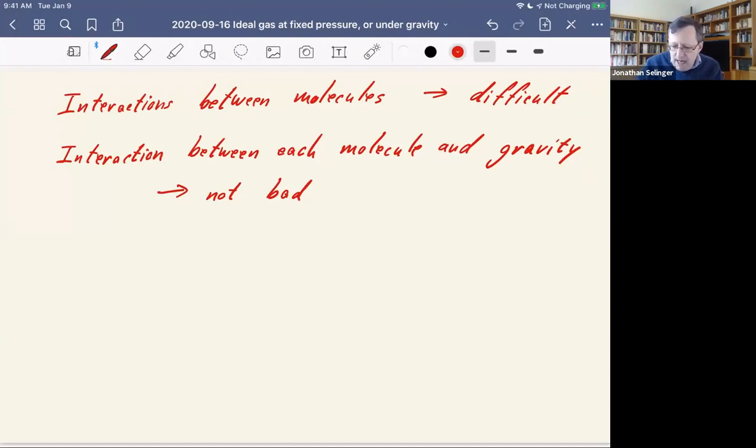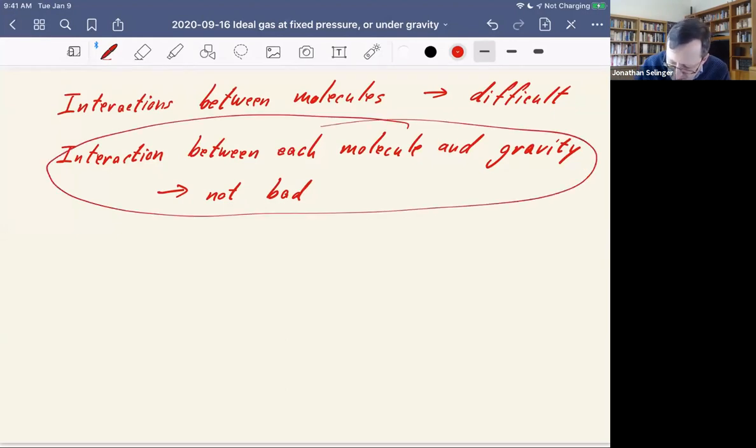And so let me show you how you would deal with a problem like that one. Okay, so let's go back to working out the energy of a state and the partition function. Okay, so if I'm dealing with interaction between each molecule and gravity, this could be like a simple model for the atmosphere, right? So the atmosphere has lots of oxygen and nitrogen molecules floating around, and each one feels the Earth's gravity.